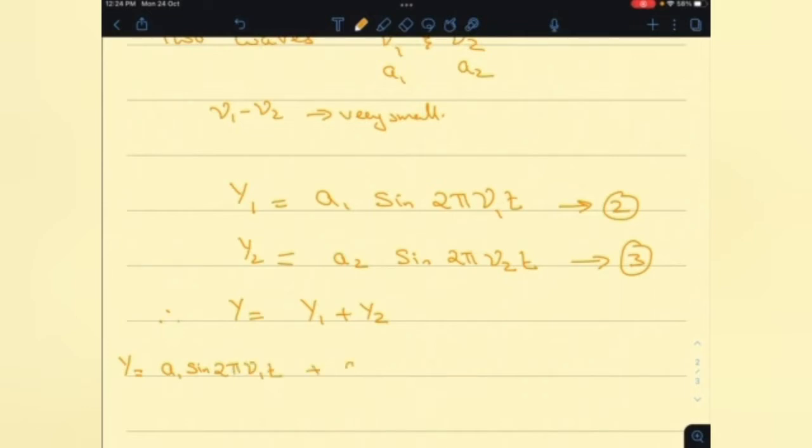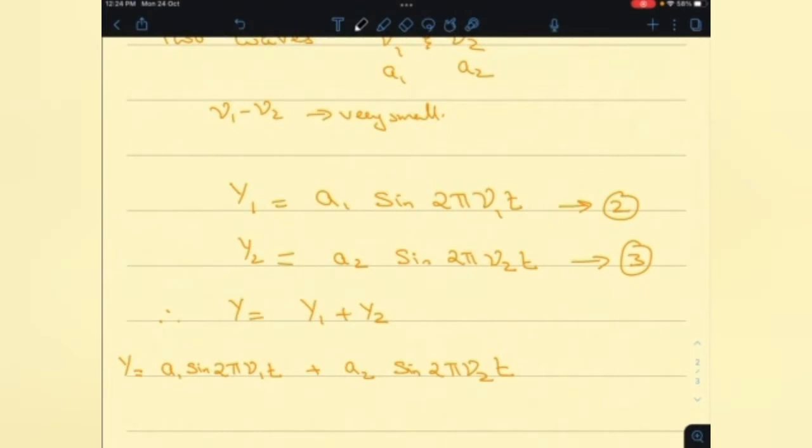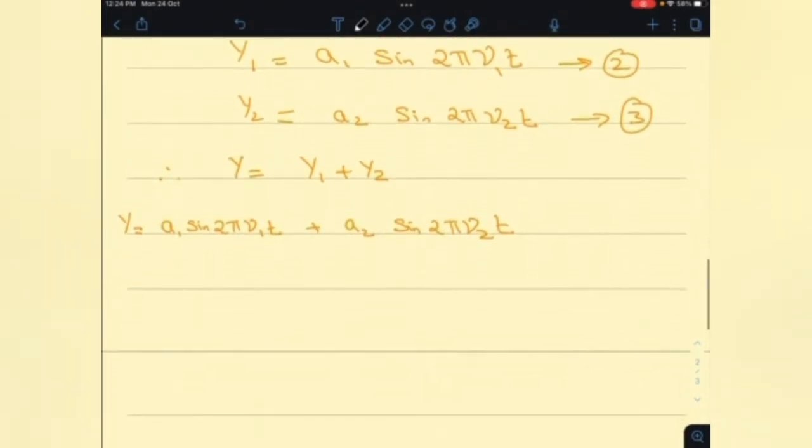Now this nu2 can be written as nu2 is equal to nu1 minus (nu1 minus nu2), so nu1 and nu1 get cancelled and the minus will be absorbed inside, it will be plus nu2. I will give this equation number 4 and this is my fifth equation.